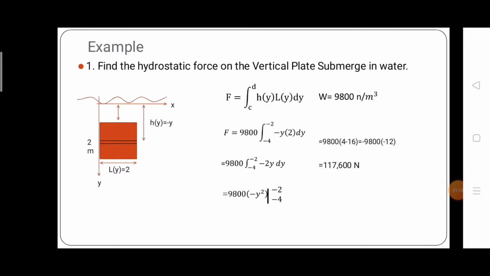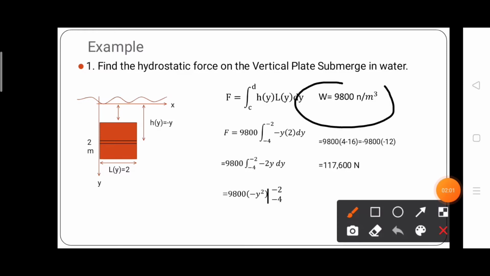we use meters. In hydrostatic force, if we use meters in our measurement, we also use the weight density. Our weight density is always 9,800 newtons per meter cubed. So that is our weight density.